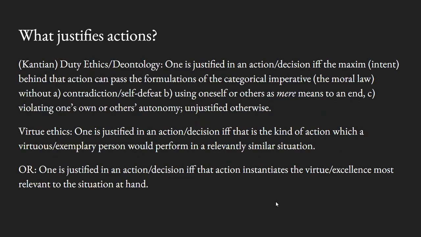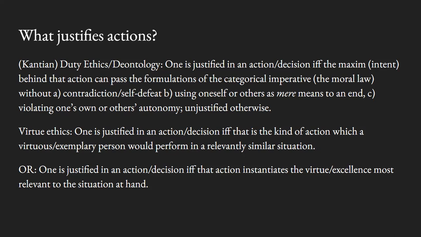For Kantian duty ethics, or deontology, as we also call it, one is justified in an action if the maxim behind that action can pass the formulations of the categorical imperative without falling afoul of any of them, right? Without showing a contradiction or self-defeat, without using others or oneself as a mere means to some end, without violating one's or others' autonomy. We would show that that maxim would be wrong and that we shouldn't act on it if it did run up against one of those problems.